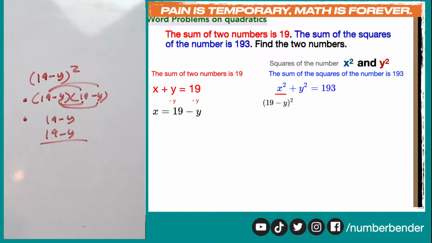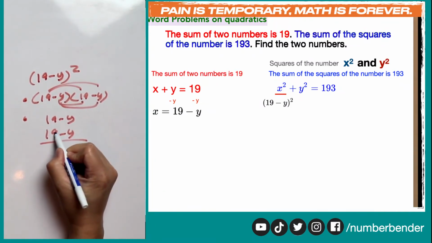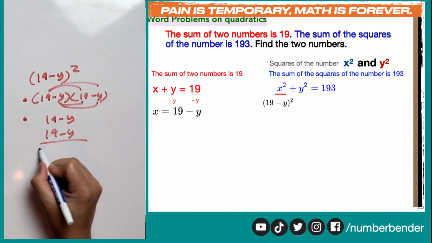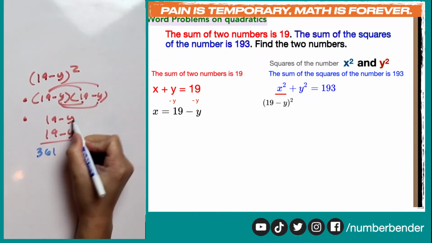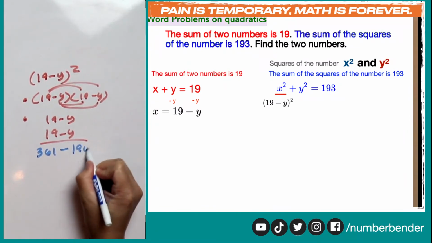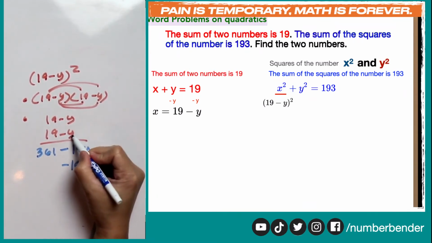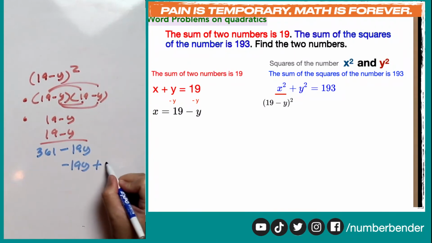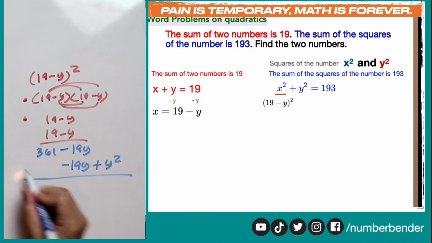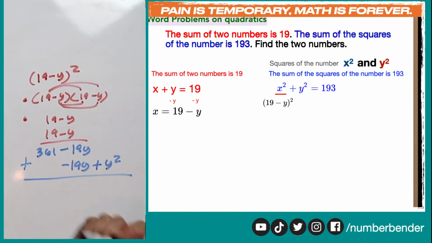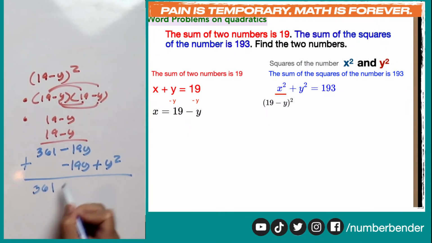So how am I going to produce my square of binomial? 19 times 19 is 361. 19 times negative y is negative 19y. Negative y times 19 is negative 19y, and negative y times negative y is positive y squared. And by this method, I'm just going to add them up. 361 is by itself.